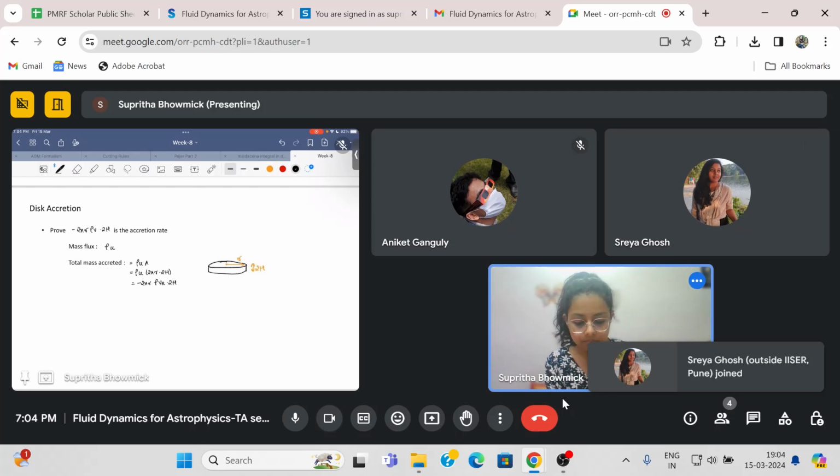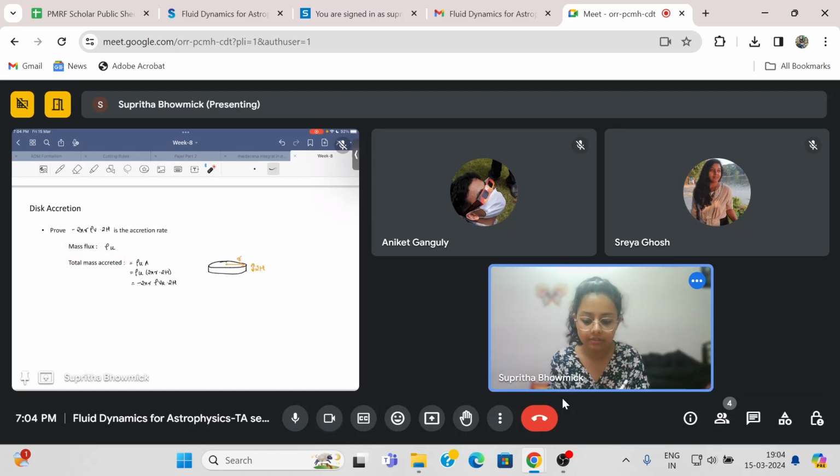Remember that this is the flux, the mass that is flowing in per unit area. And where is it flowing in from? It is flowing in from the curved surface of the cylinder. This is how the particles move in from all directions, into the cylinder, into the disk. So if this is the mass flux, the mass accreted per unit area, we multiply it by the curved area of the cylinder to get the total mass that is accreted.